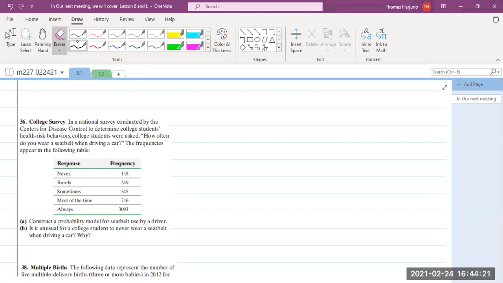Now, part A, the question is, construct a probability model. Our textbook keep on using the phrase probability model, okay? But the correct terminology is supposed to be probability distribution.